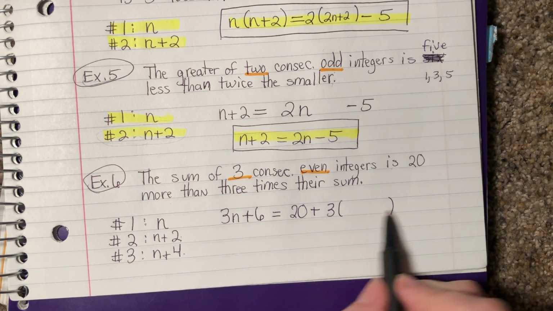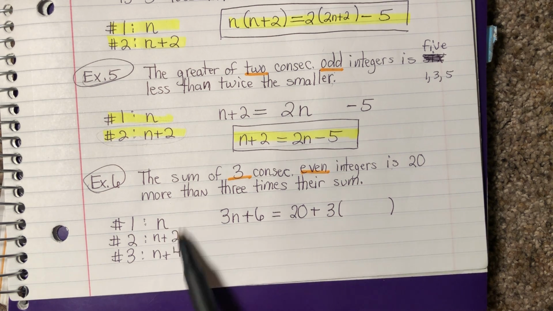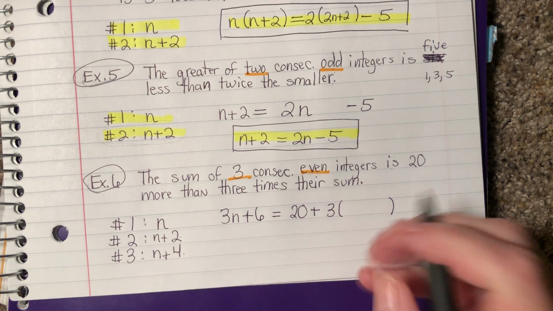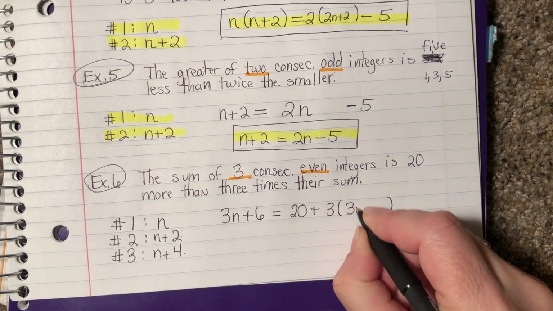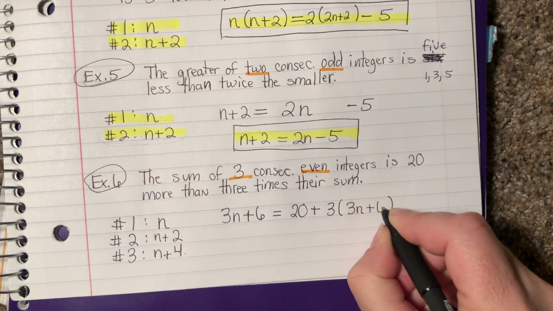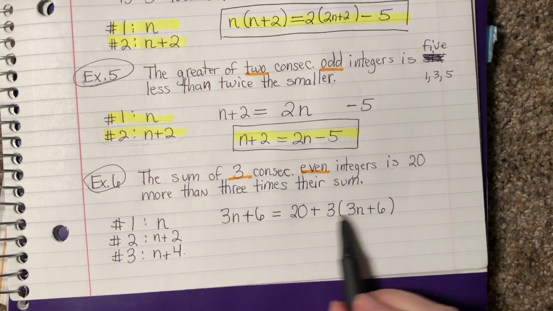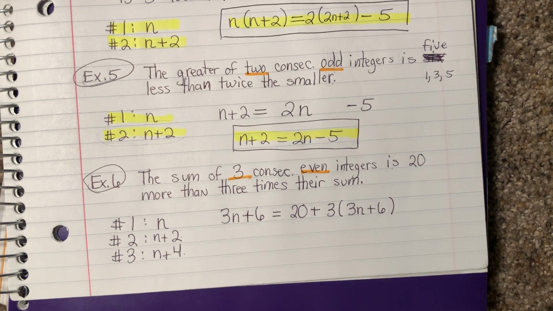All right, I'm going to anticipate needing a parenthesis. Their sum, that means I have to add these guys too. Is 20 more than 3 times their sum? Okay, this sounds really wacky, but let's try this. All right, so 3n plus 6, because we already had it on this side. But anyway, 3 times their sum, and that would be the translation.